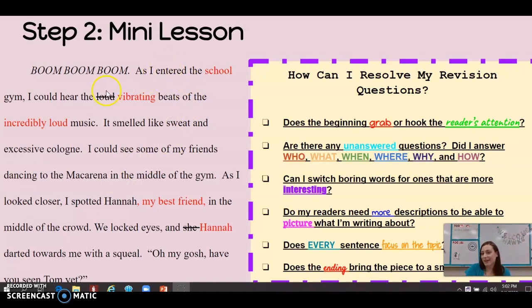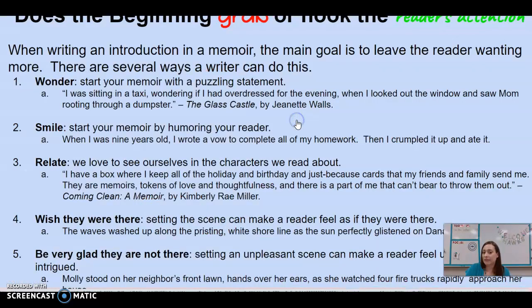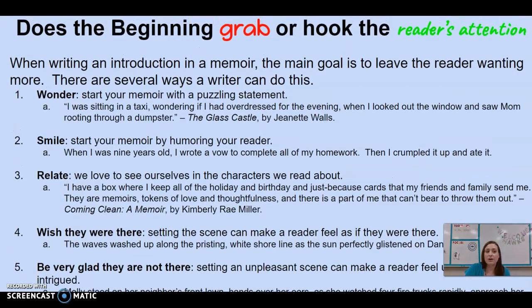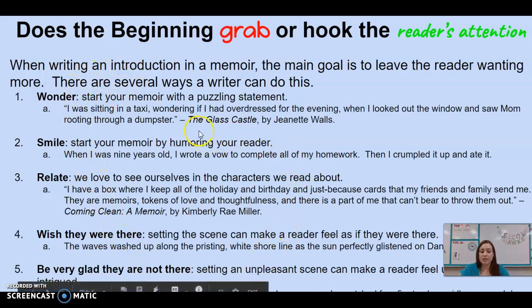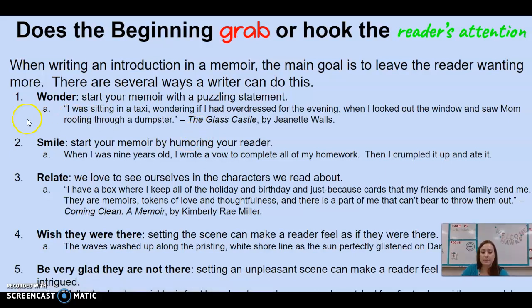So on the right-hand side in our box, all of our ideas for revising, you can click on and they are linked to other parts of the presentation. So if you are looking for a way to grab or hook the reader's attention with your introduction, you can look at some of these strategies that you can use.